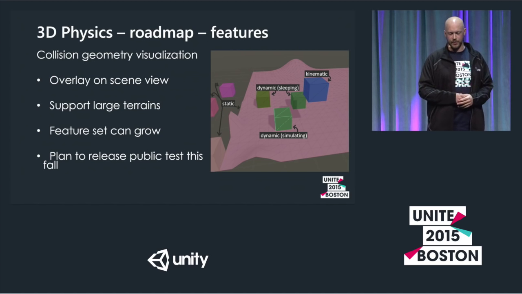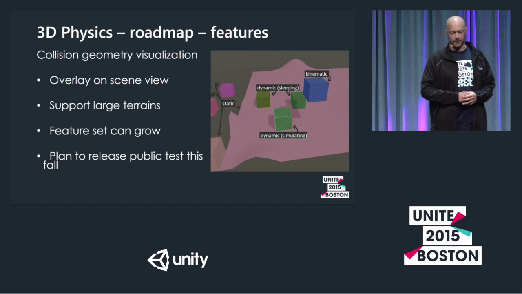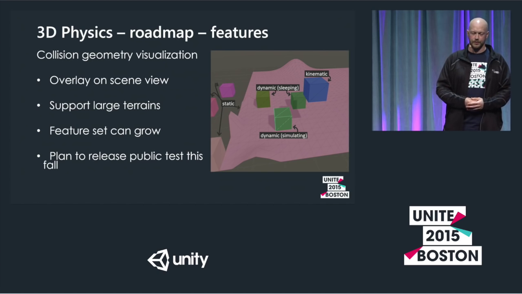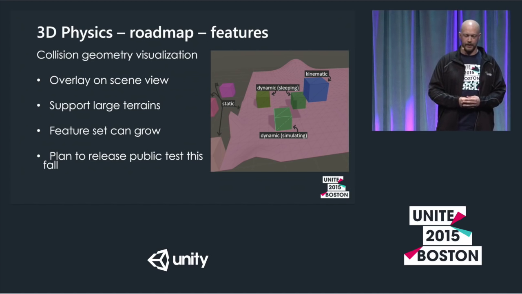It's also especially helpful for us because it helps us find bugs faster. What it does is provide you a simple overlay on the scene view. It will highlight bodies when they're moving. It will categorize them by color, so they're easy to recognize.